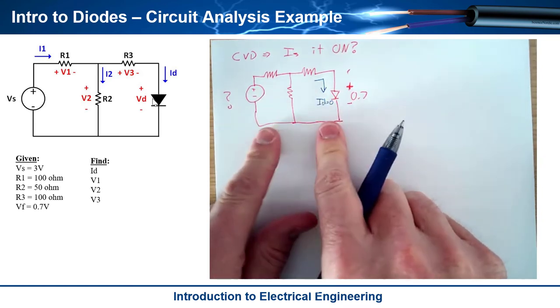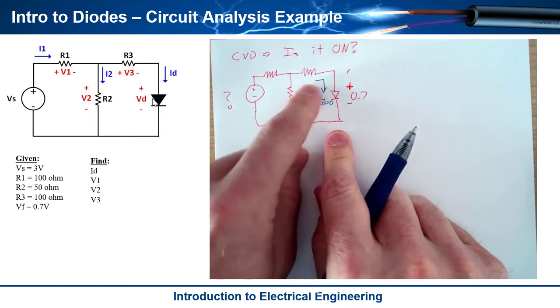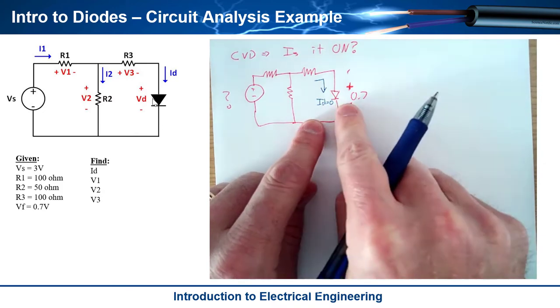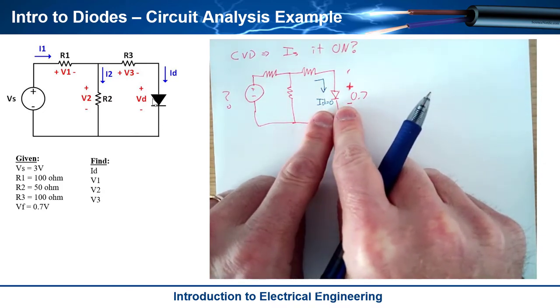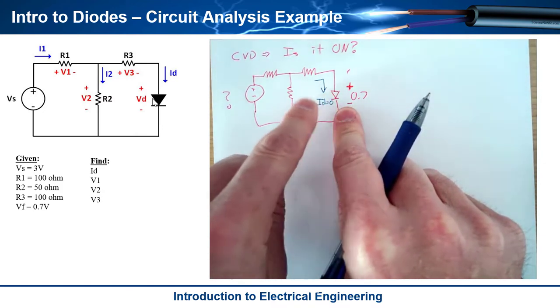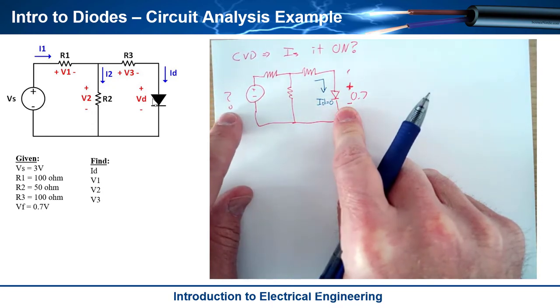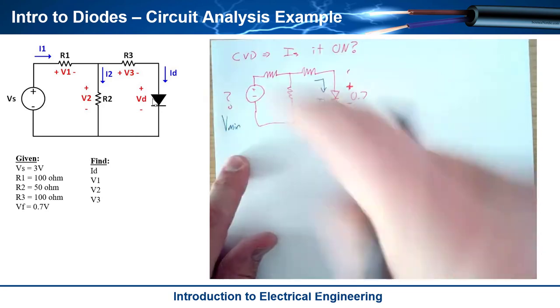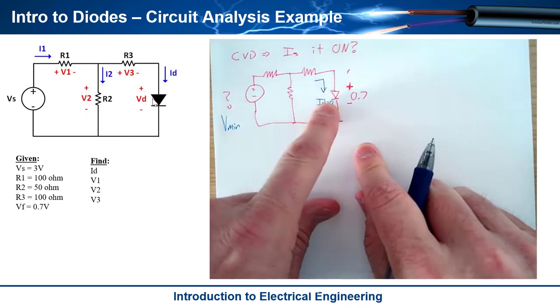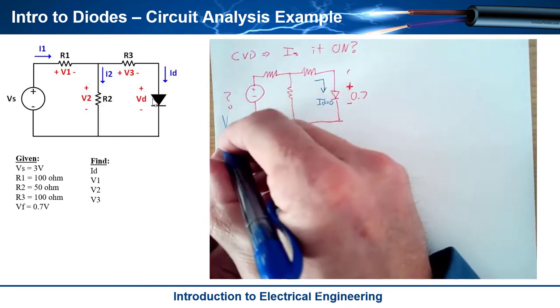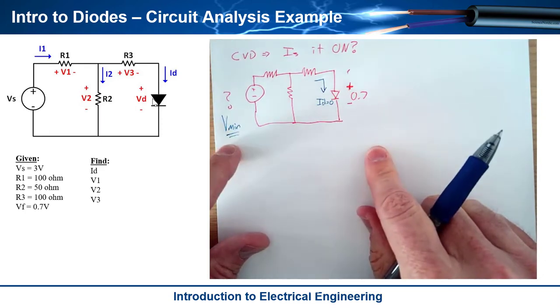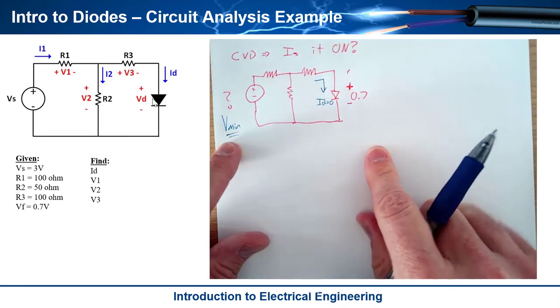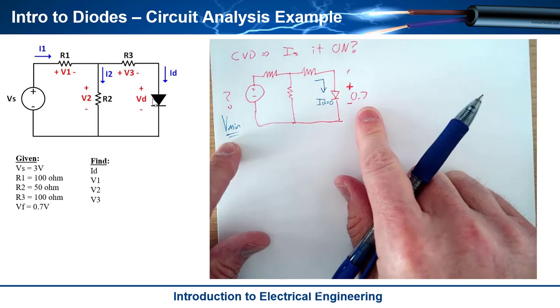So I take this information, that it has 0.7 across it and no current through it, and reverse calculate the bare minimum DC voltage at the power supply to make it turn on. Then I go back to my circuit and ask, am I above that minimum voltage? If so, it's on, and if I'm below it, it's off.